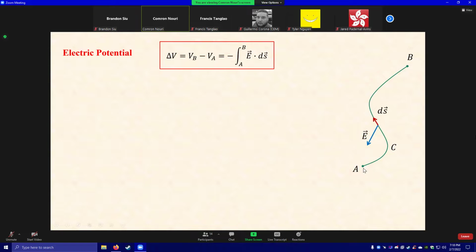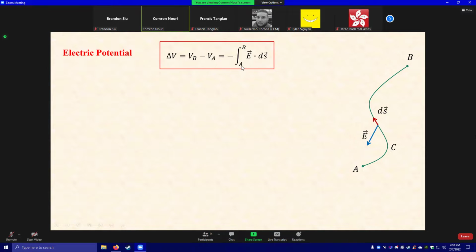The potential difference between 2 points A and B is equal to VB minus VA, which is defined by this expression: the integral from A to B of E dot ds with a negative sign in front. The negative sign is technical. Don't worry about that right now.